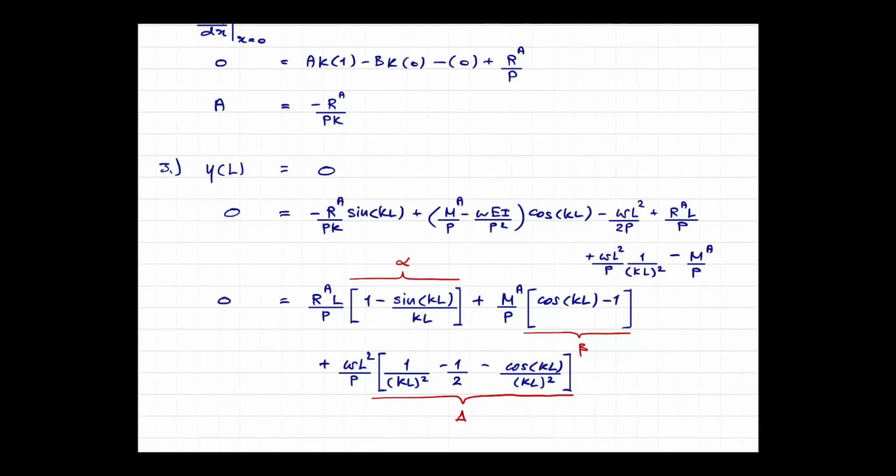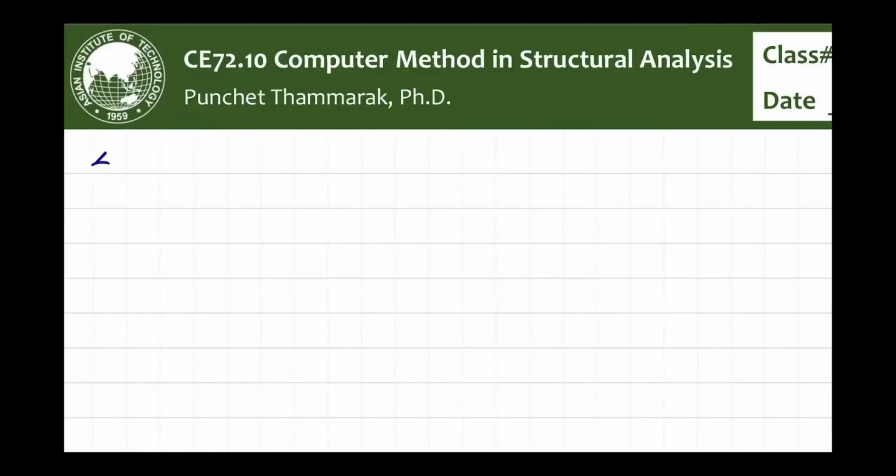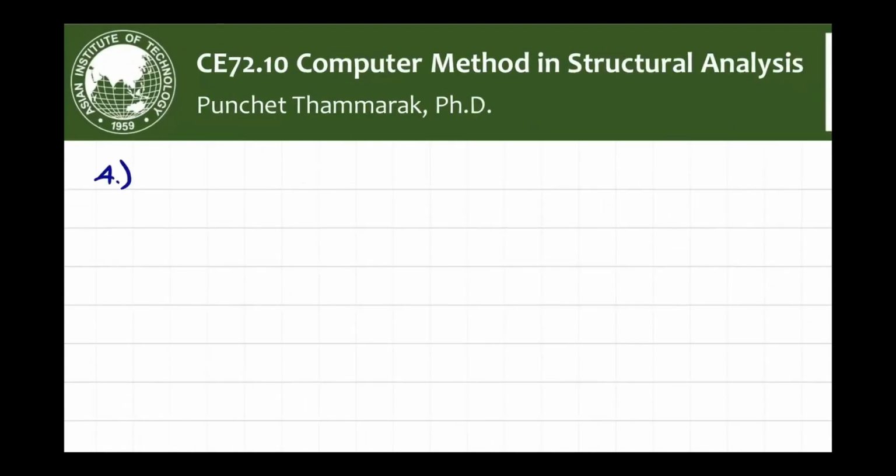Okay. So move to boundary condition number 4. The derivative of y with respect to x, where x equals L, is equal to 0. And that makes the AK sine turn out to be cosine.